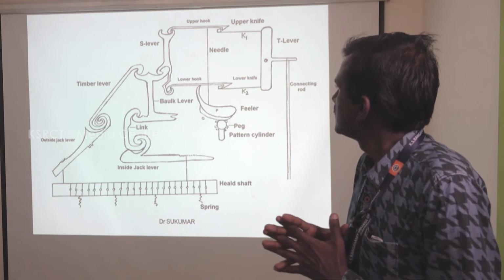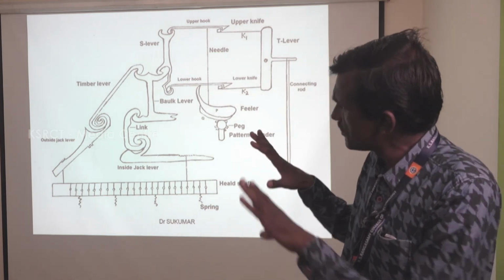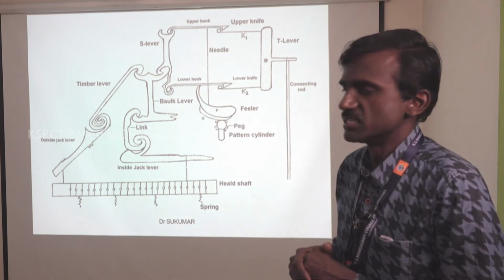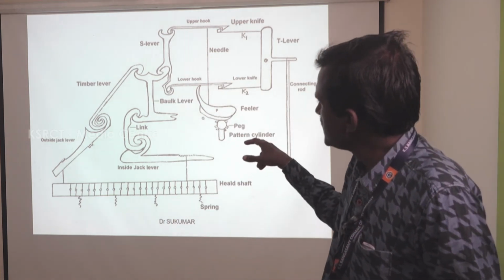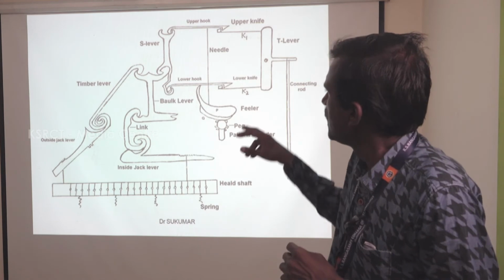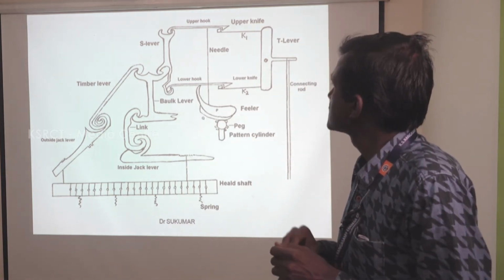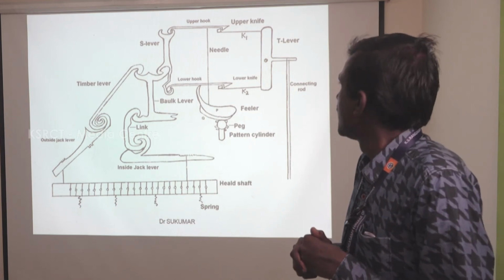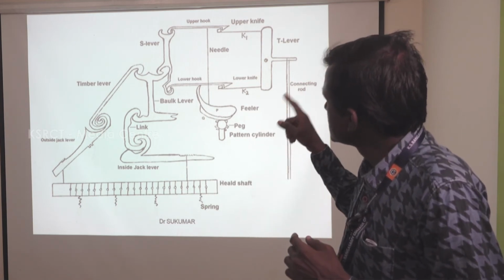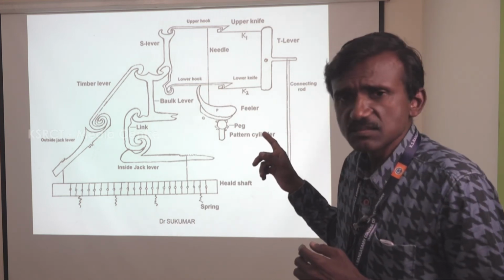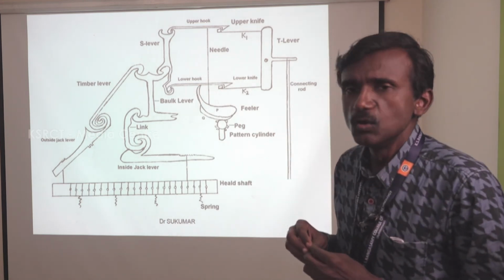If you see here, this diagram explains how the mechanism works on the weaving machine. The 2 jack levers, inside jack lever and outside jack lever, are connected to the buckle lever, and this buckle lever is controlled with the help of the S lever, and then this S lever is connected with the upper hook and the lower hook.